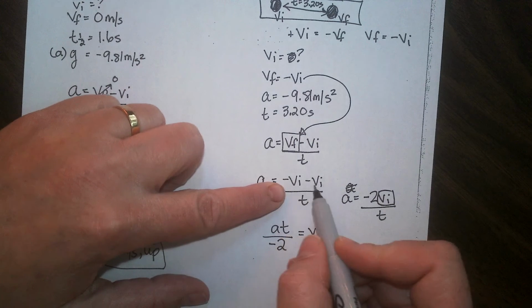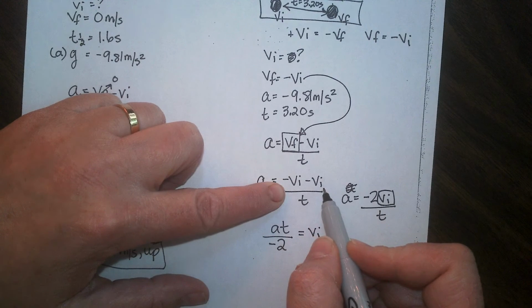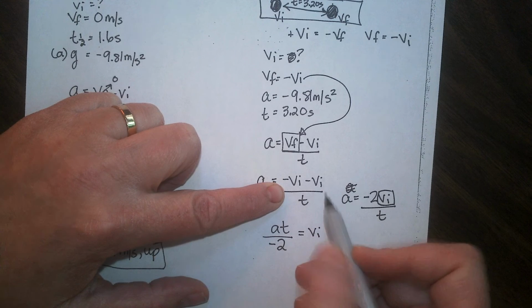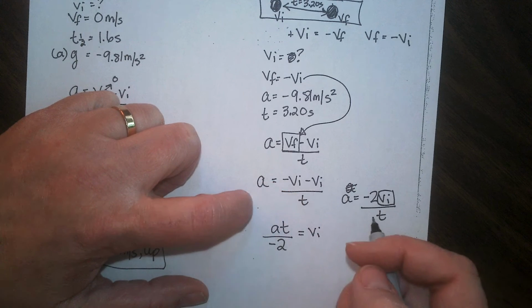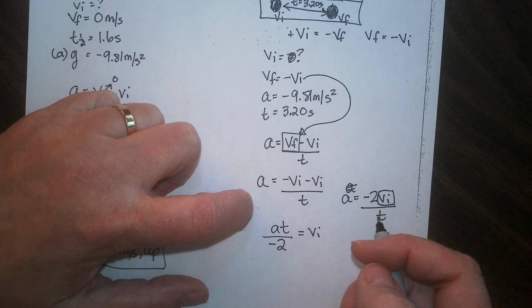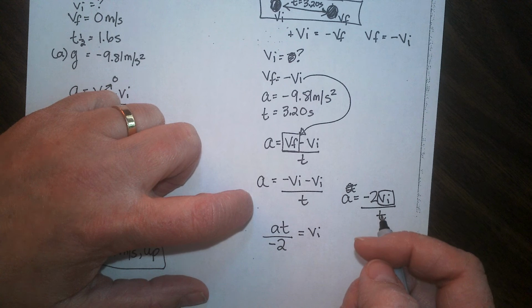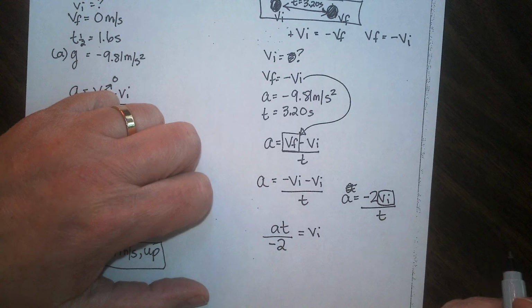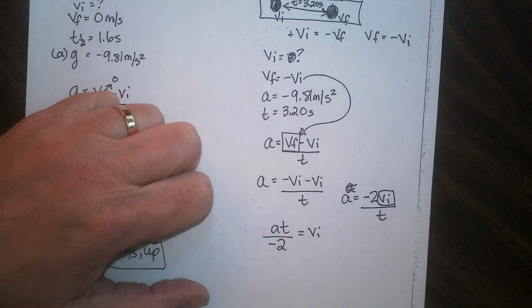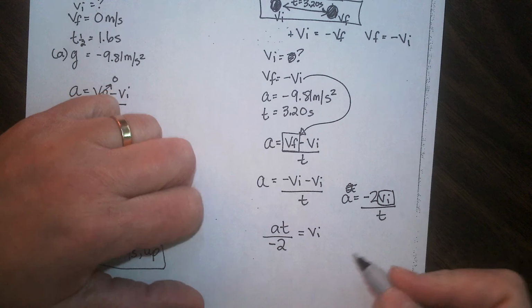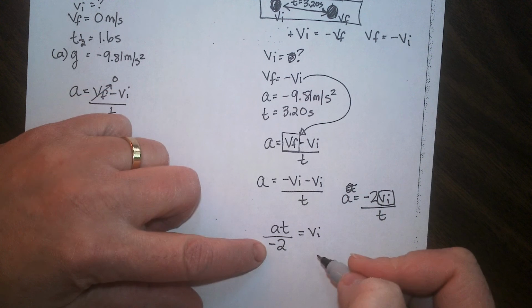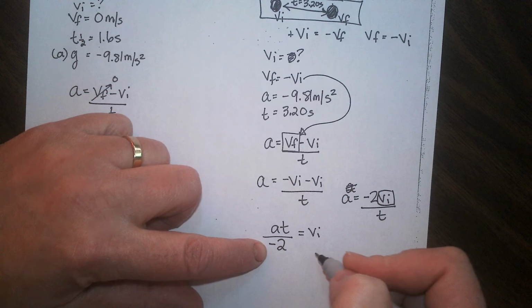Negative VI minus VI gives me negative 2VI. I just added two like terms together. Right? X plus X is 2X. You good? Okay. Do you see how the negative 2 moves over? You just didn't know where the 2 came from.